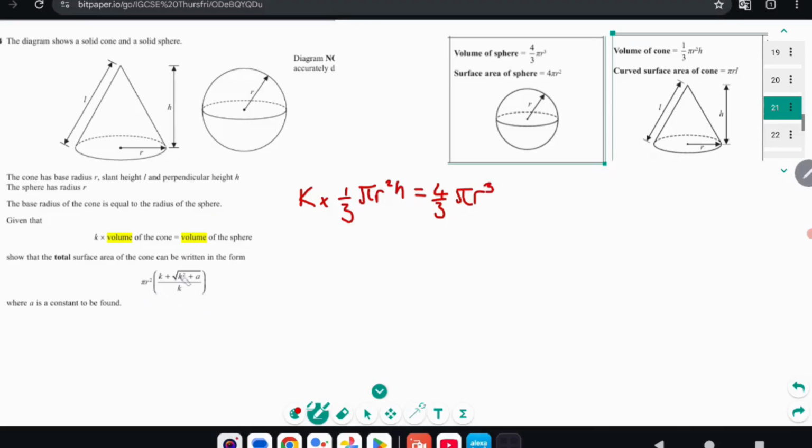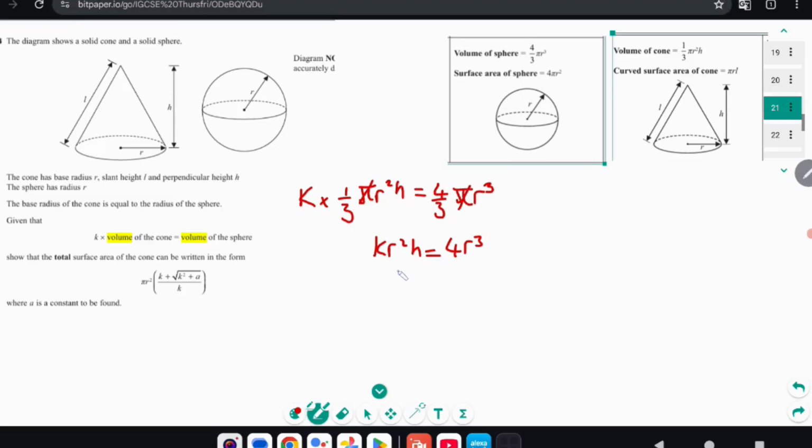I'm just looking at how they want my answer. It's got no h's in it. So I'm assuming we're going to be making h a subject here from this equation. So let's start out by dividing both sides by pi, multiplying both sides by 3. A third times 3 is 1, which gives us k r squared h on the left hand side. 4 over 3 times 3 is 4, 4r cubed.